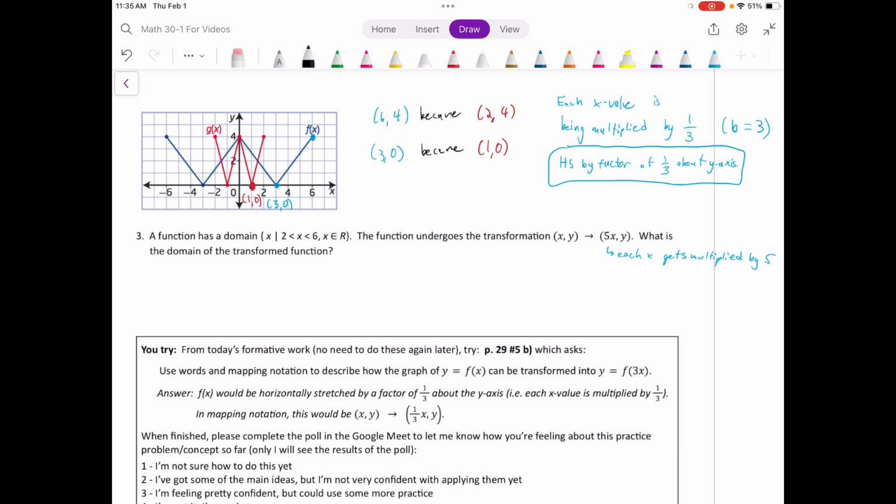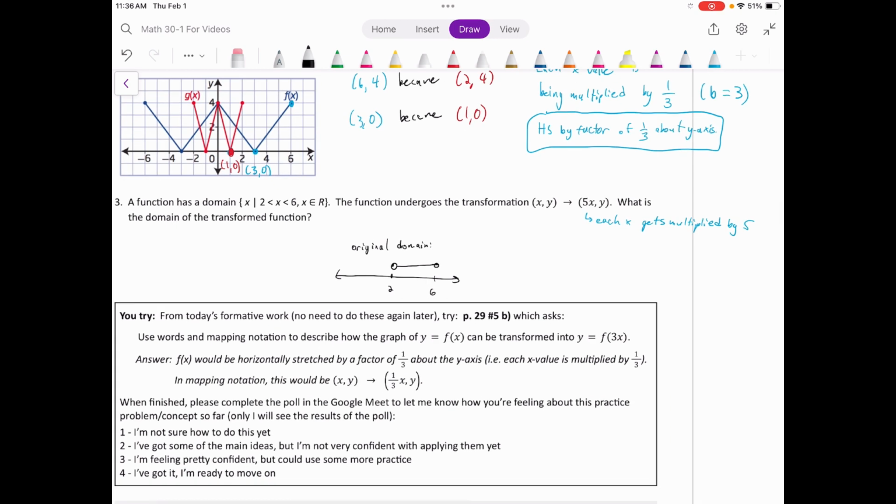Well, our original domain was from 2 to 6, right? If we want to visualize that on a number line, it went from 2 to 6. That was our original domain. Open circles because 2 and 6 were not included. What happens to that domain if we multiply every single x value in our function by 5?